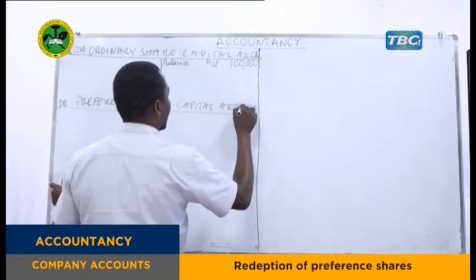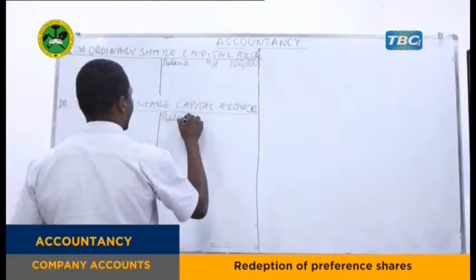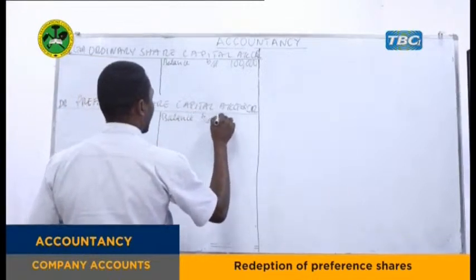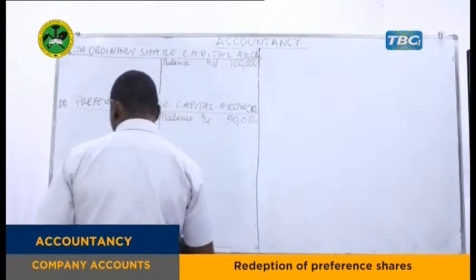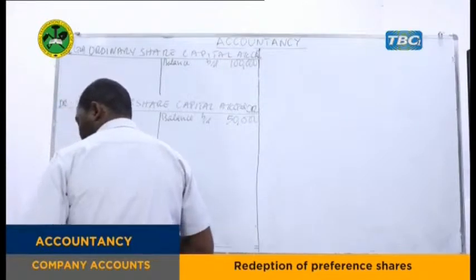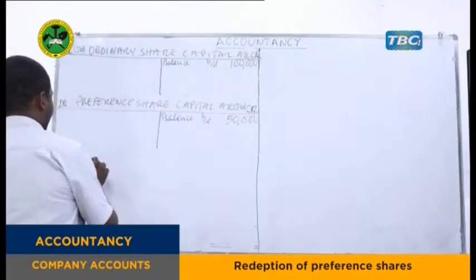Remember the amounts are in TZS. We also have a balance brought down of 50,000. The next balance is on the general reserve.